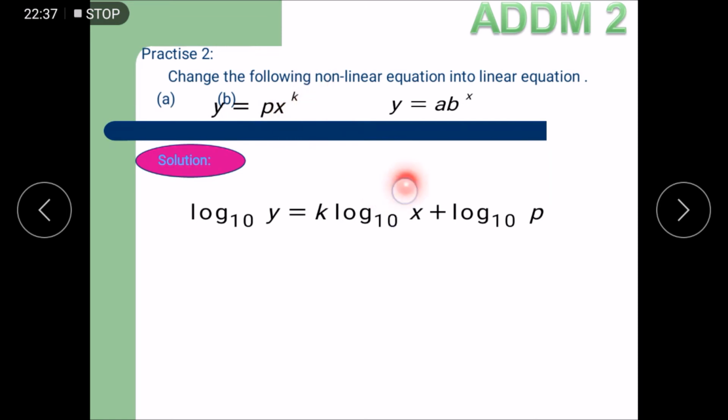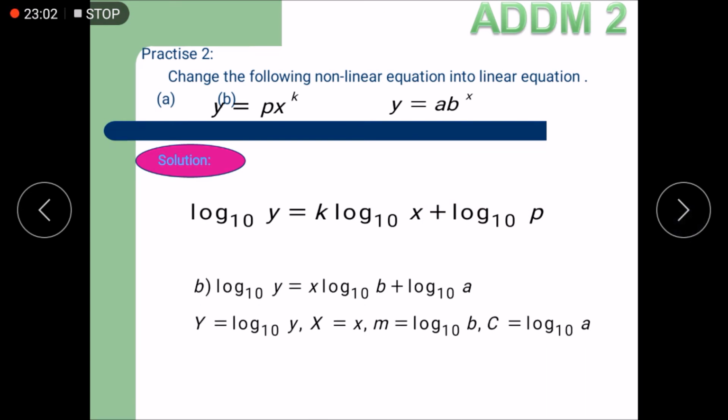Then when it is multiplied, you can change it to plus. And then the k is a power, so I can bring it down. So the y-axis is now log y, the x-axis is log x, k is the gradient m, and this one is the constant. All the alphabets are constants except x and y, which are variables.